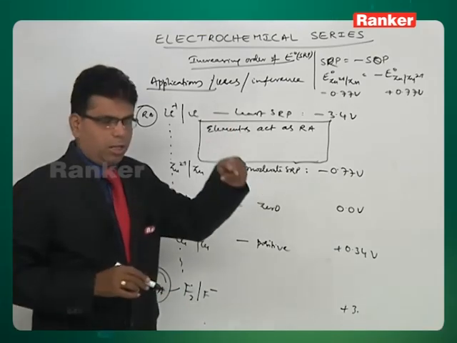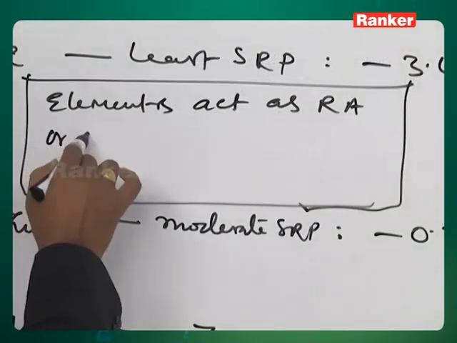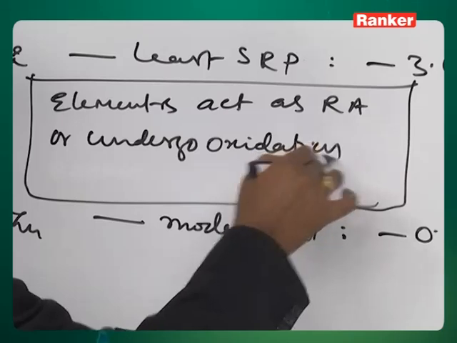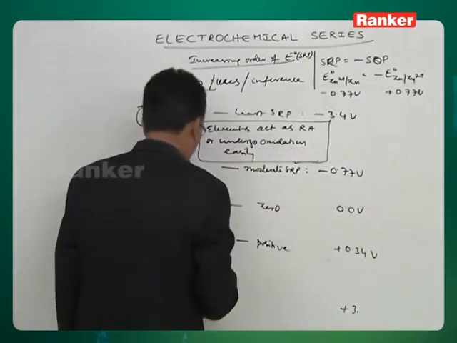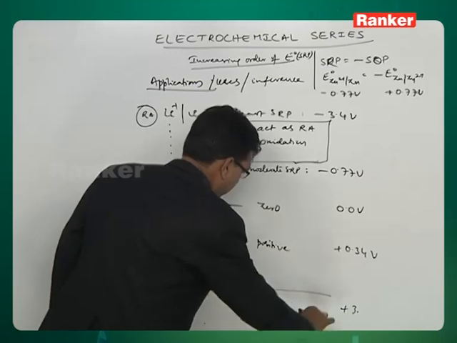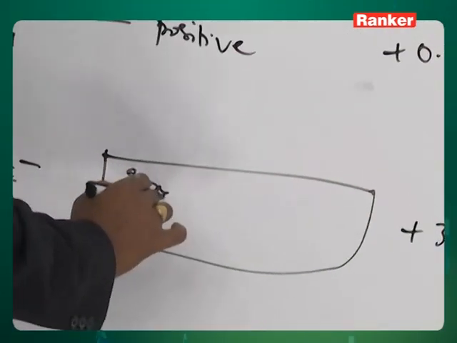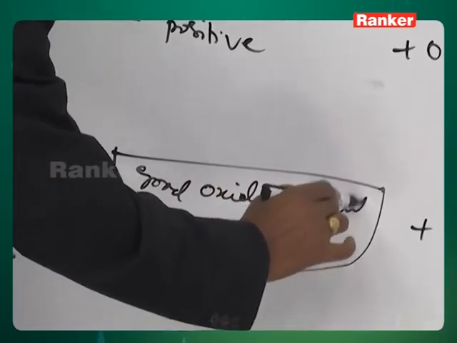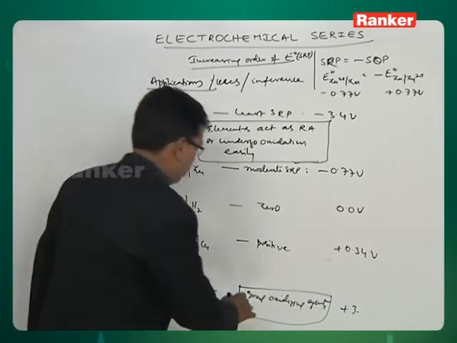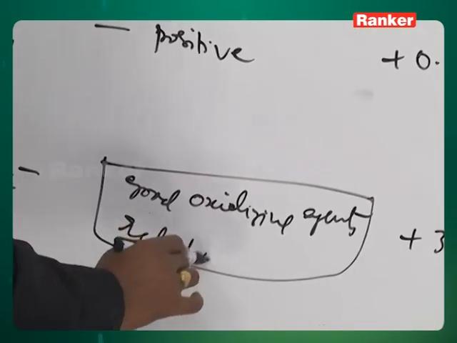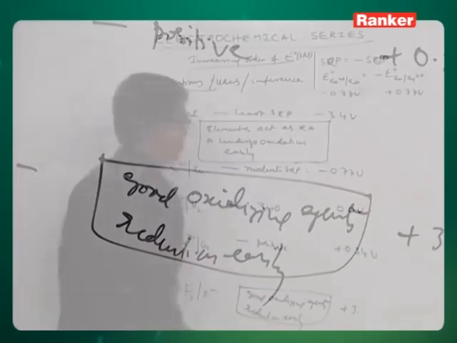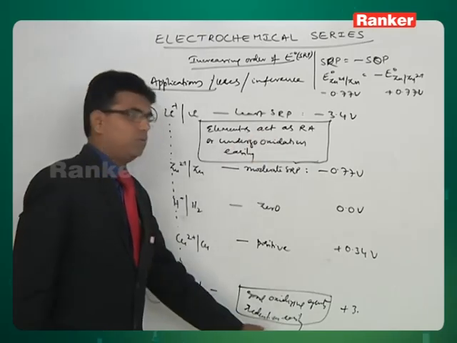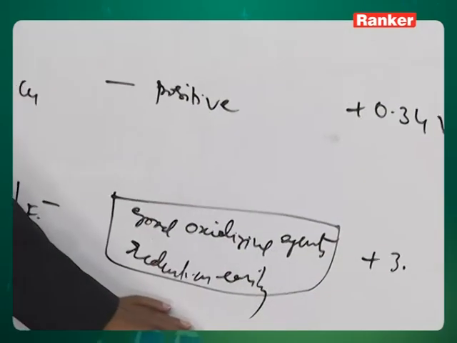They themselves undergo oxidation easily, and these other elements act as good oxidizing agents, as they undergo reduction easily. So, those elements at the top are good reducing agents. The elements at the bottom are good oxidizing agents.